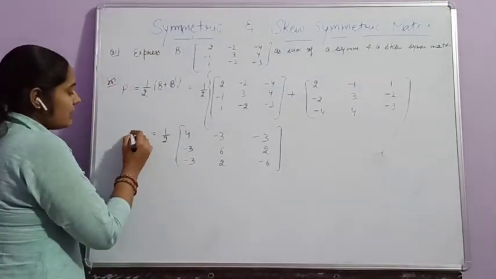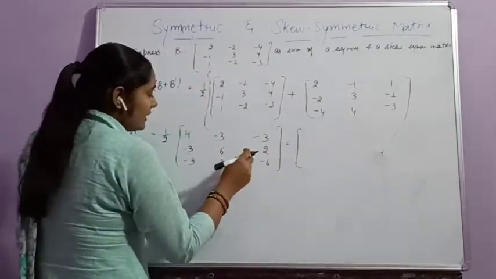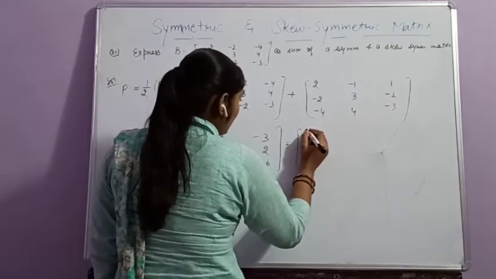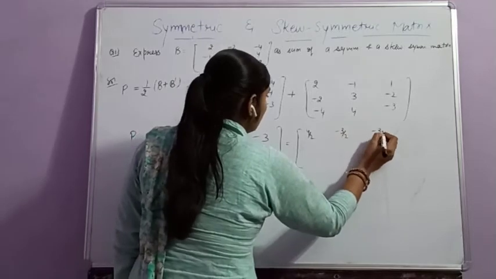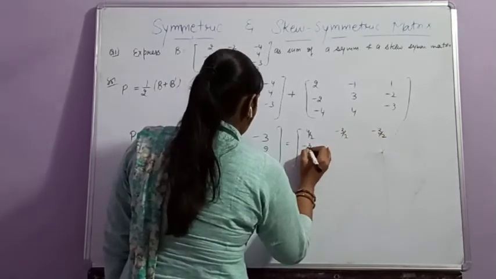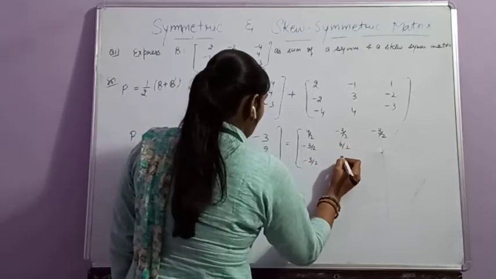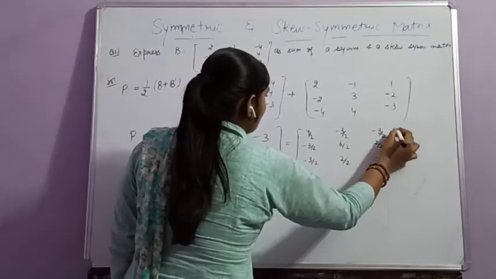Clear? That is equal to P. We can write it as every element divided by 2: 4 by 2, -3 by 2, -3 by 2, -3 by 2, 6 by 2, 2 by 2, -3 by 2, 2 by 2, -6 by 2.